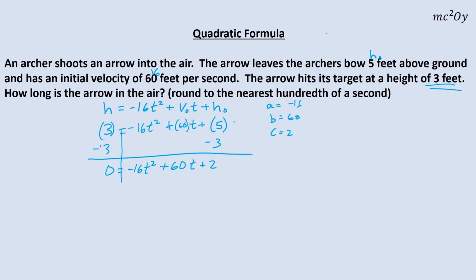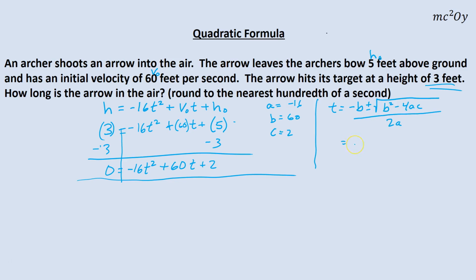So t is equal to the opposite of B, plus or minus the square root of B squared minus 4AC, all over 2A. And that's going to be the opposite of B, which is negative 60, plus or minus the square root of 60 squared, which is 3600, minus 4 times A, negative 16, times C, 2, all over 2 times negative 16.